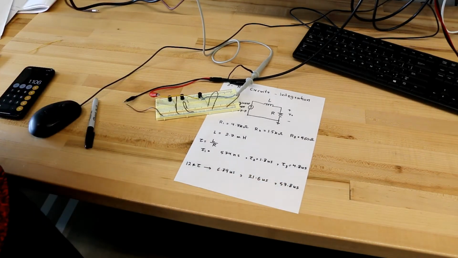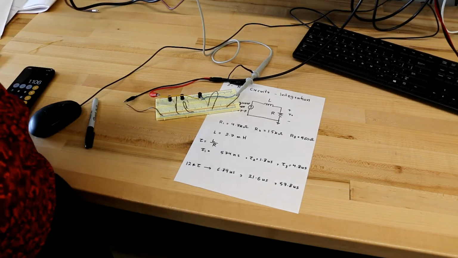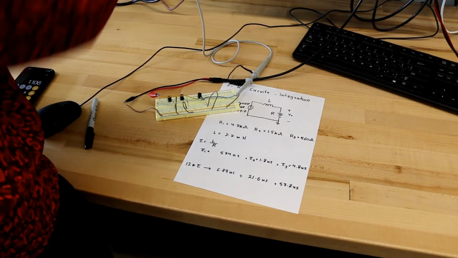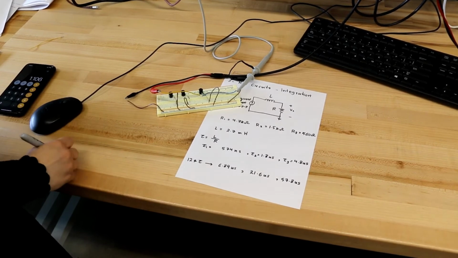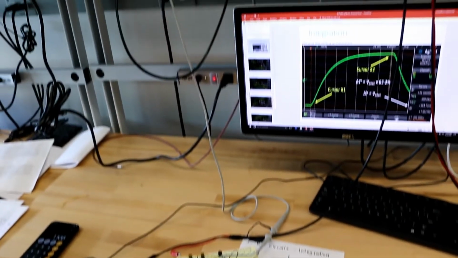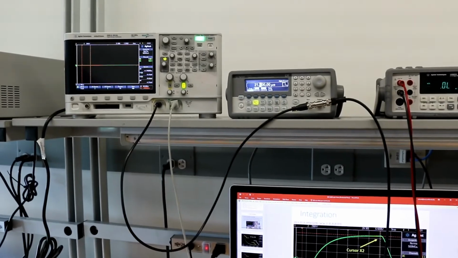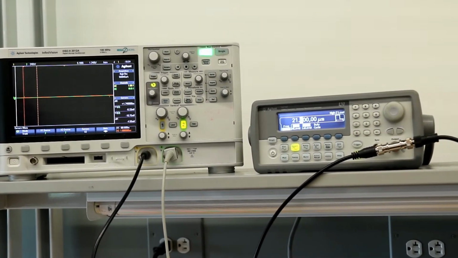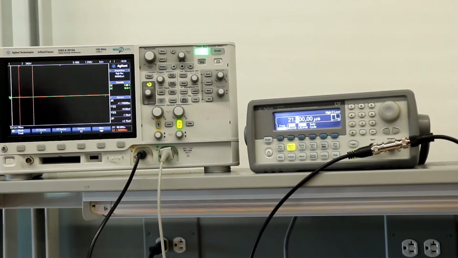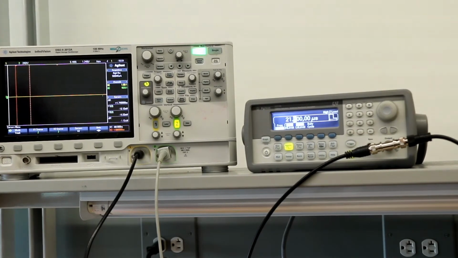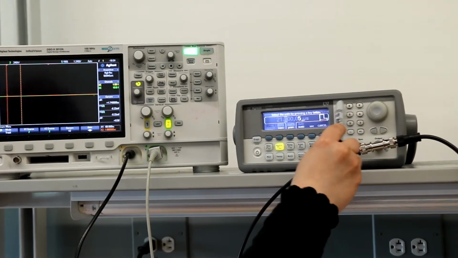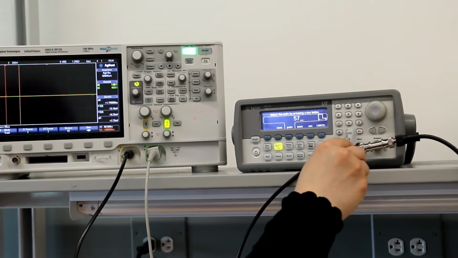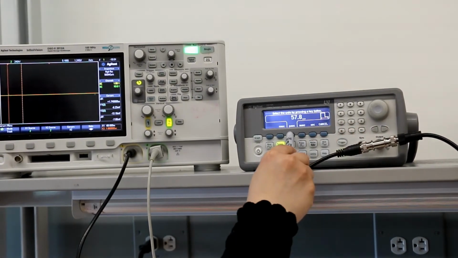So on the function generator, the period should be 12 times tau, which is 57.8 microseconds.